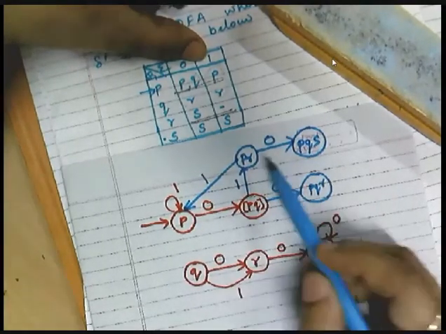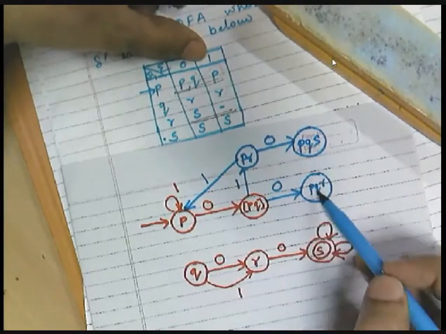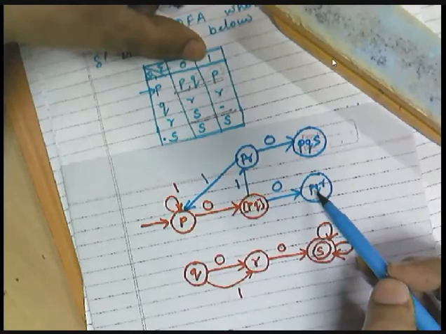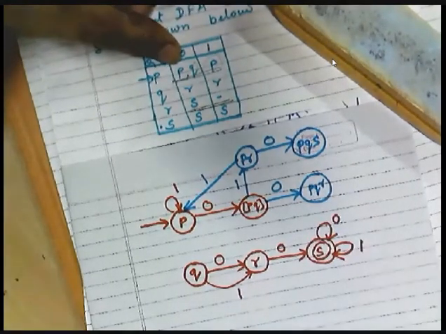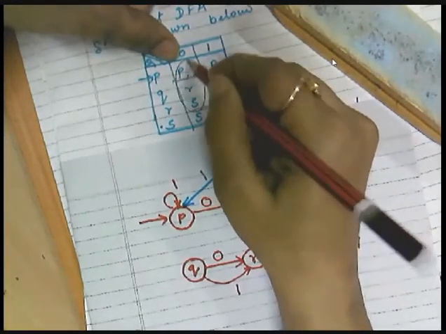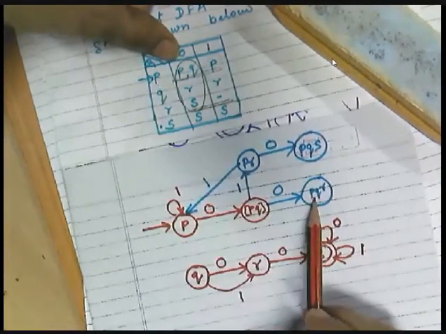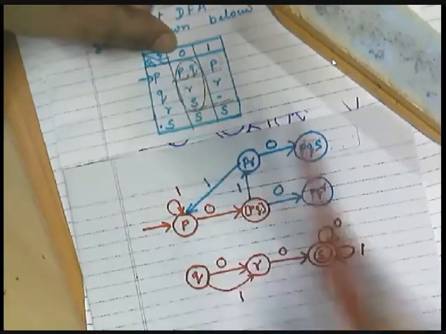Now we again have 2 states remaining for which we need to check the transitions. So now next turn is of PQR. Now we need to do the combination of these three states, PQR. So PQR on 0 moves to PQRS.